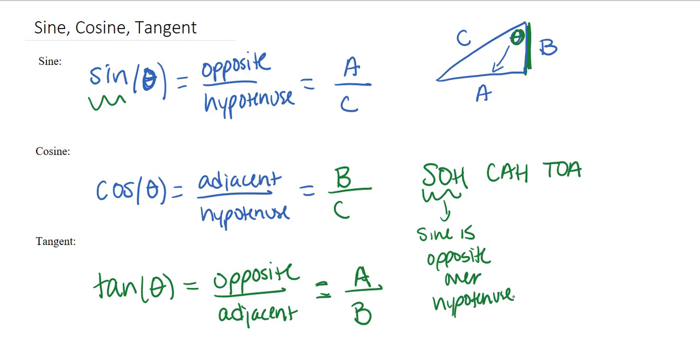That's how we use it. And then cah is cosine, which is adjacent over hypotenuse.